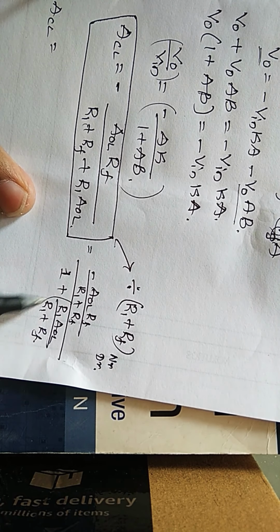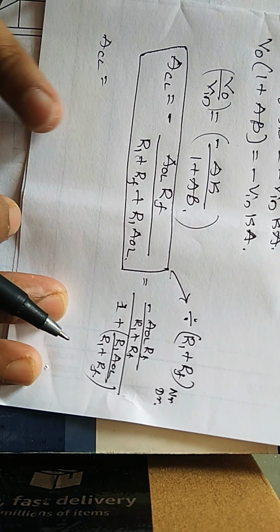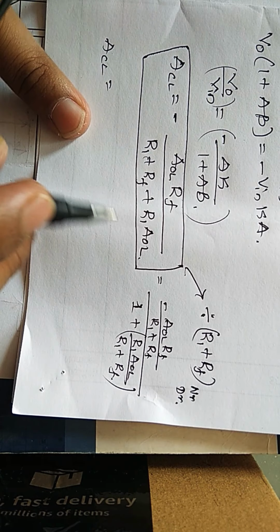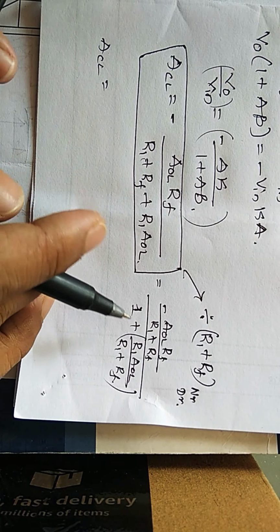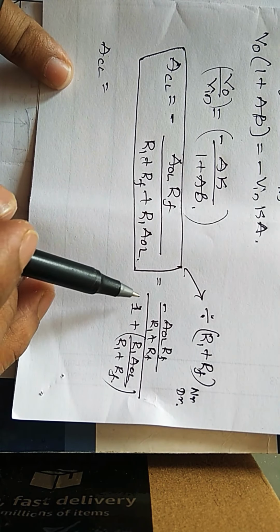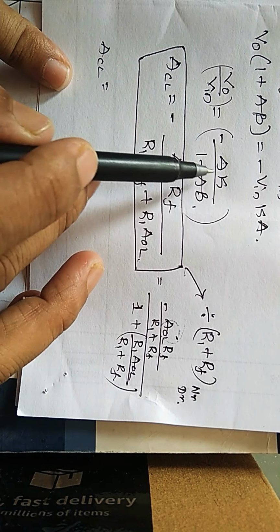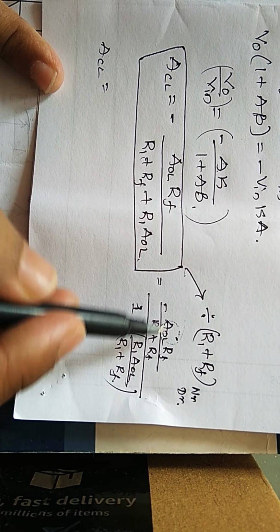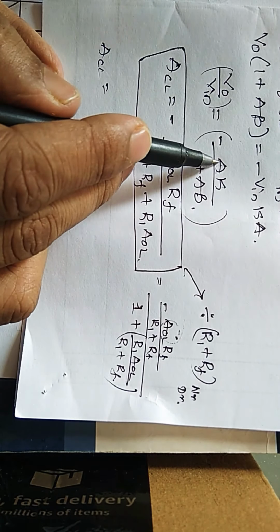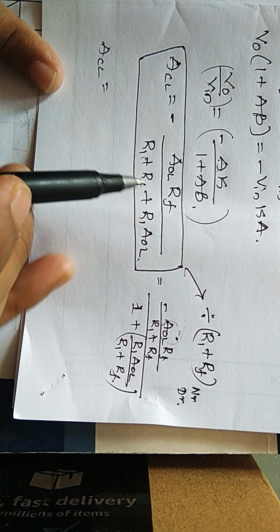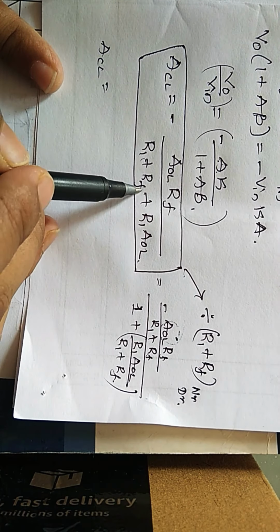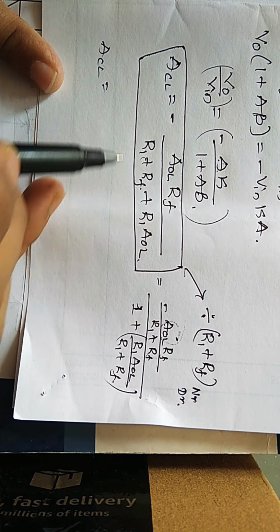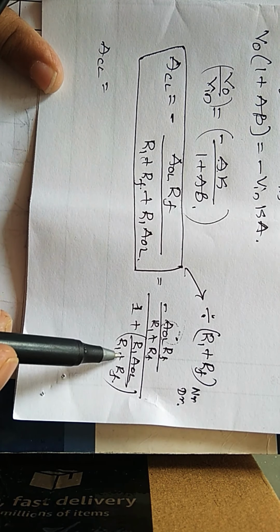Now you just compare this equation with the above equation. So you can see that AOL is treated as A, and next, R1 plus RF, compare that value R1 plus RF and R1 into AOL.